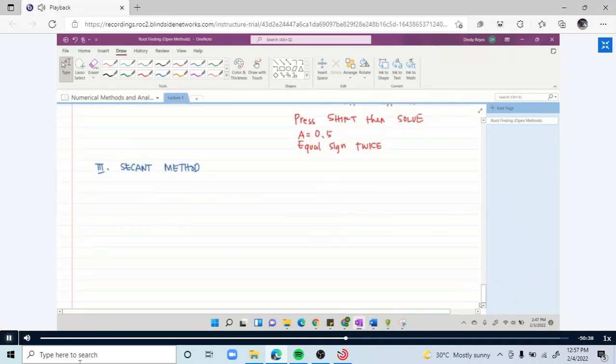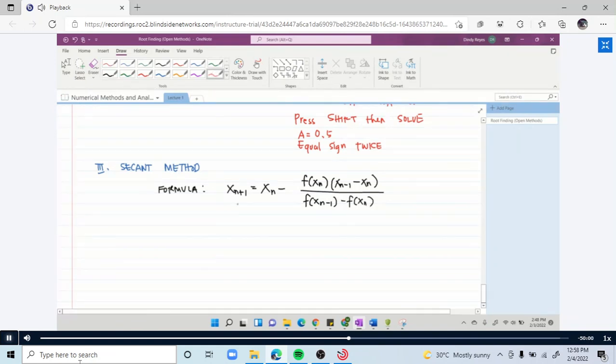So no derivatives included in the formula, but it's longer. Okay? Wala namang problema ngayon sa mga formulas kasi when you take the quiz, you can open your notes, right? So, this is the formula for secant method. Based on the formula above, x sub n plus 1 equals x sub n minus f of x sub n minus 1 minus x sub n over f of x sub n minus 1 minus f of x sub n.